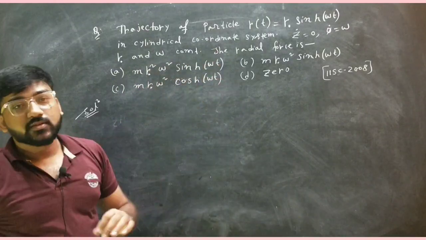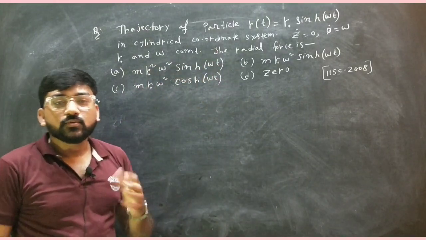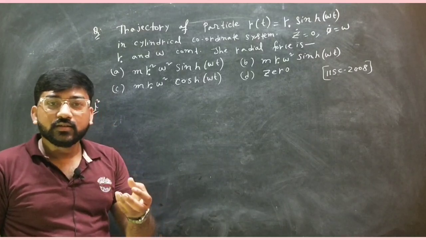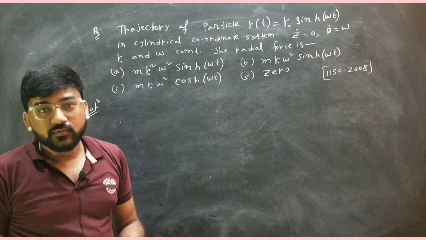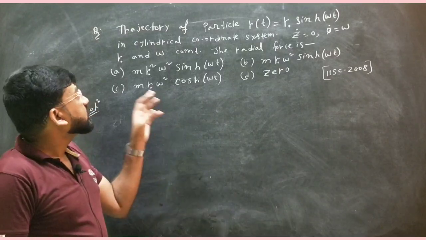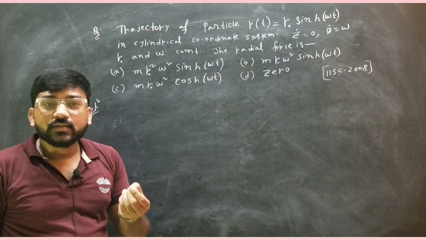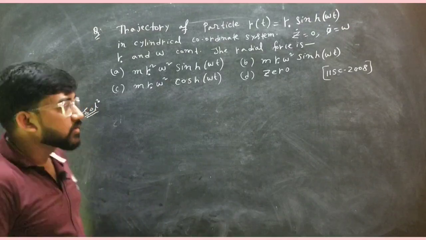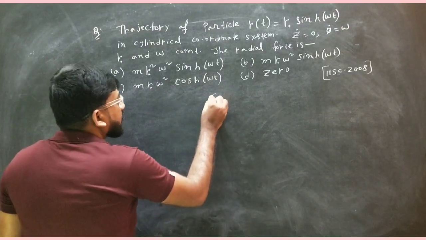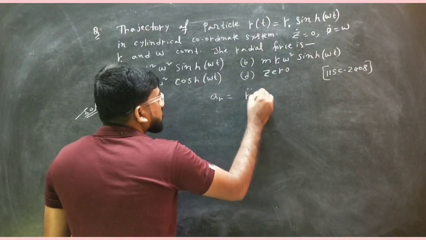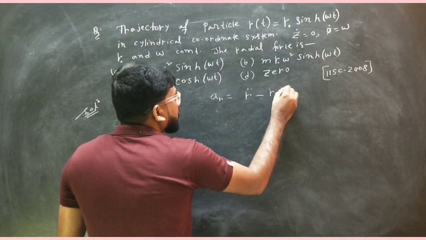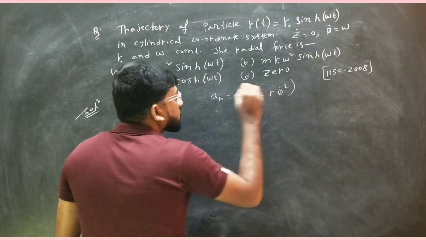What will be the radial force? First you have to find the radial acceleration, and then multiply it by the mass m to get the radial force. You know the expression for the radial component of acceleration in the cylindrical coordinate system: AR is r double dot minus r phi dot square, into r cap.